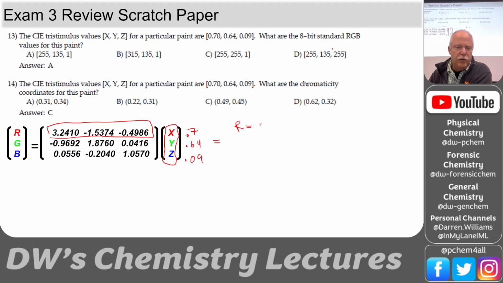So the R is equal to 3.2410 times 0.7, minus, since it's negative, 1.5374 times 0.64, minus 0.4986 times 0.09.